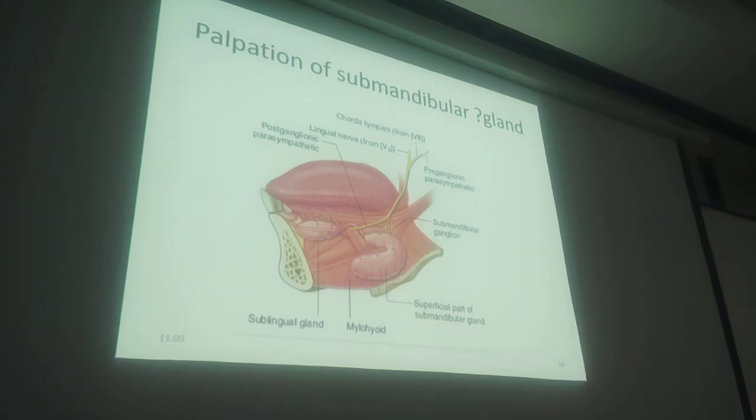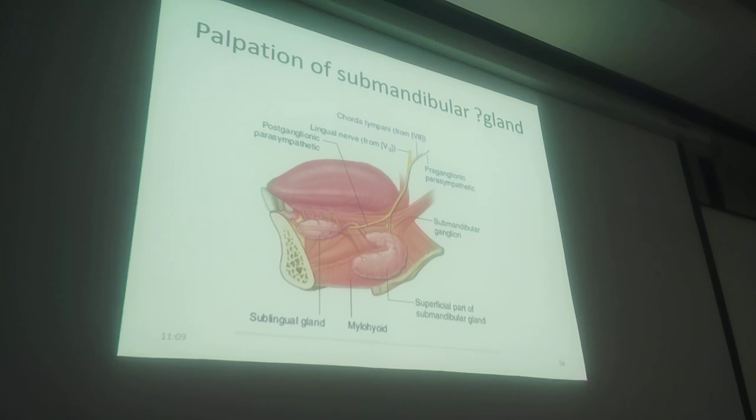Whether you want to call a lymph node a gland or not, enlargement of a lymph node is lymphadenitis, and aden means gland. So to differentiate the lymph node from the salivary gland, we have to call it the submandibular salivary gland. Submandibular gland can also refer to submandibular lymph nodes, lymph glands.